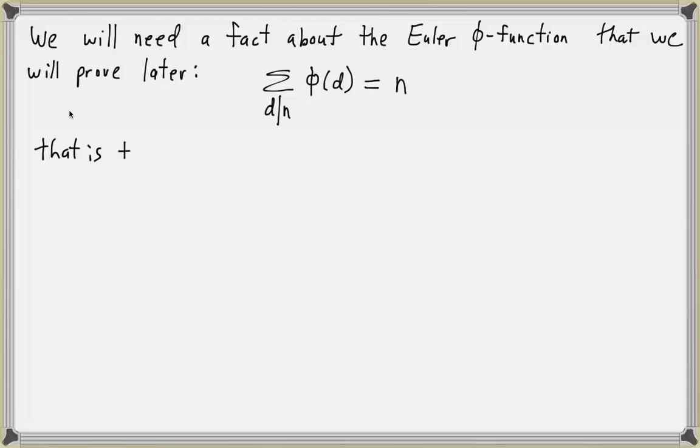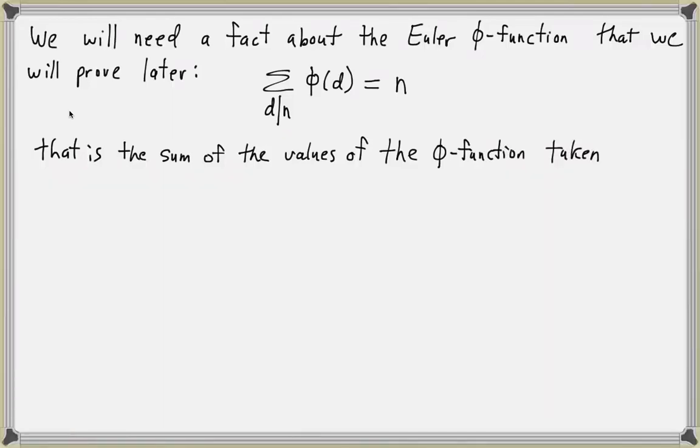So that is the sum of the values of the phi function taken over all divisors of n that will equal n. Okay, so we're going to use this fact.